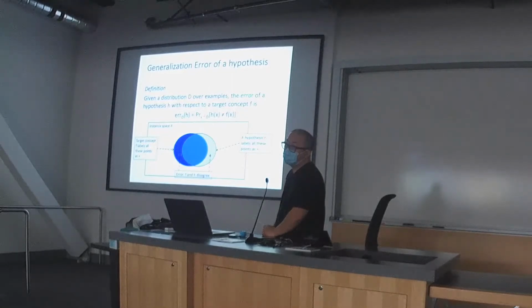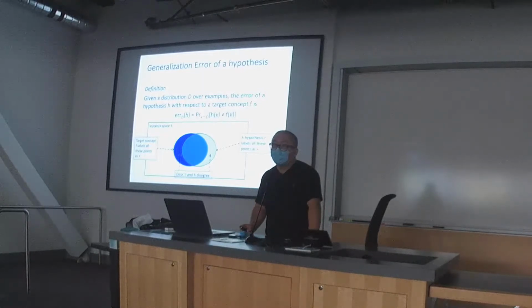You don't know the f. You don't know the actual gold standard generally. You actually don't know the data distribution, as we just mentioned. You have no idea about the mechanism that generates the data, the instances.